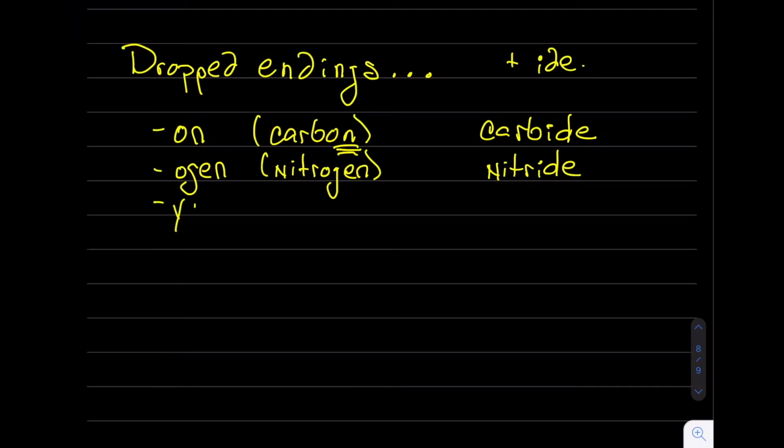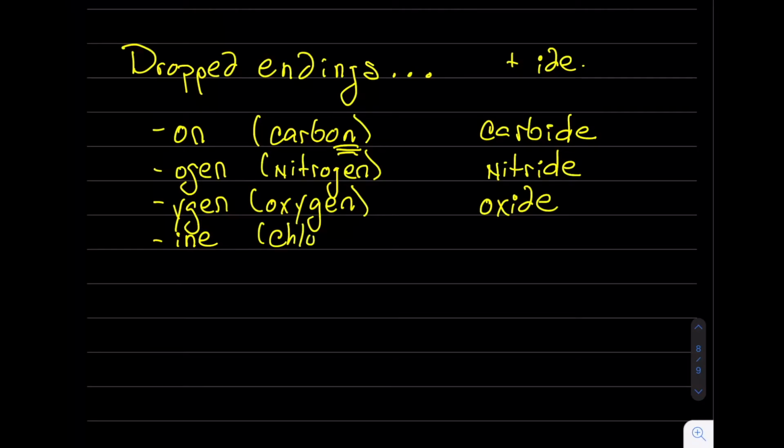We could drop the ending egen, like oxygen, and it would be oxide. Let's see. We could drop the ending ine, like chlorine, and it would be chloride.